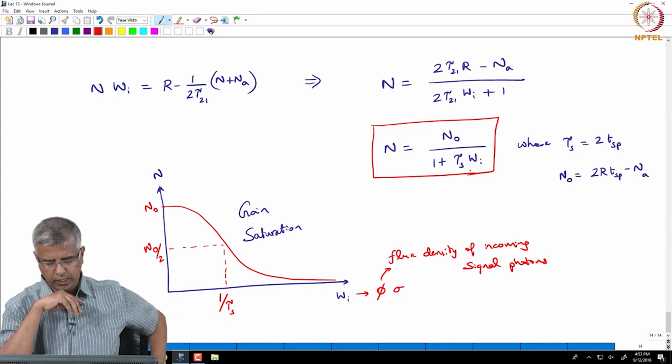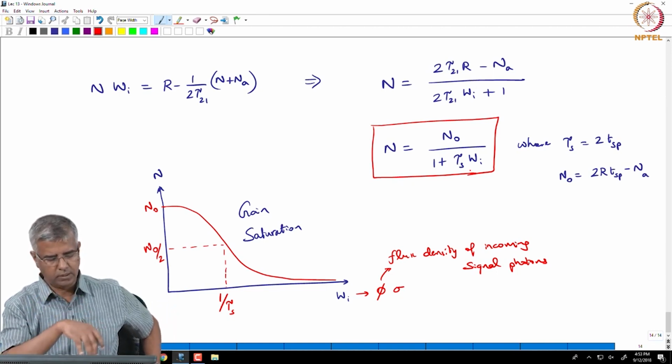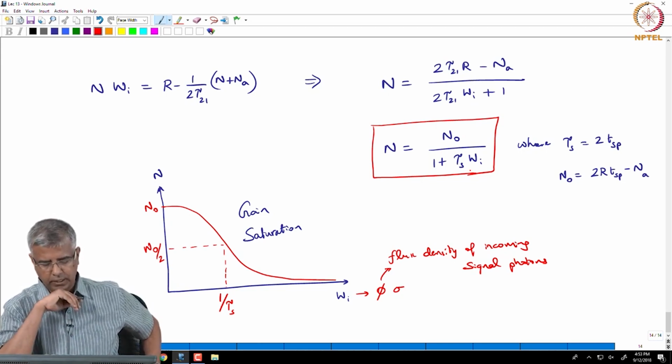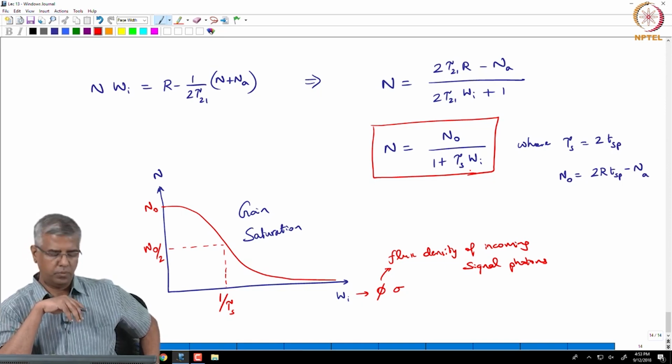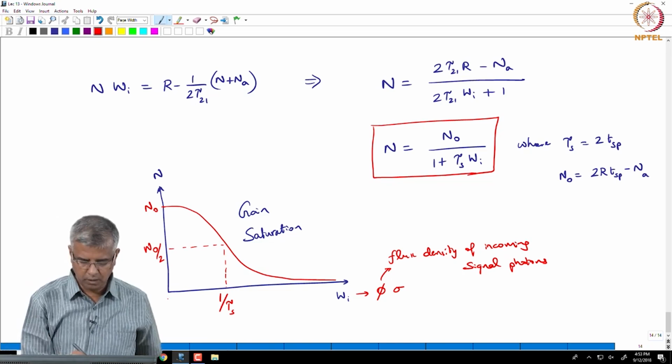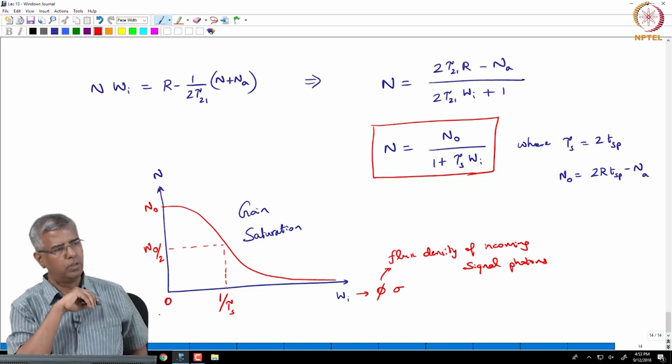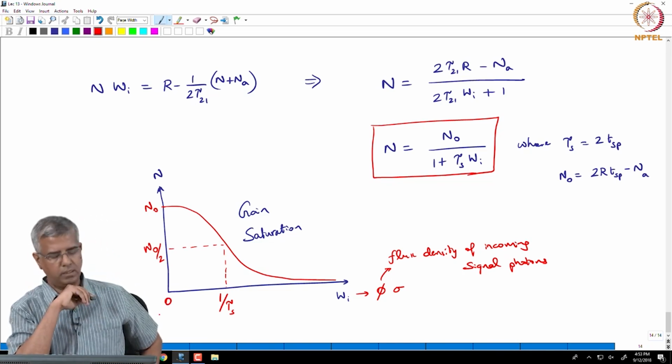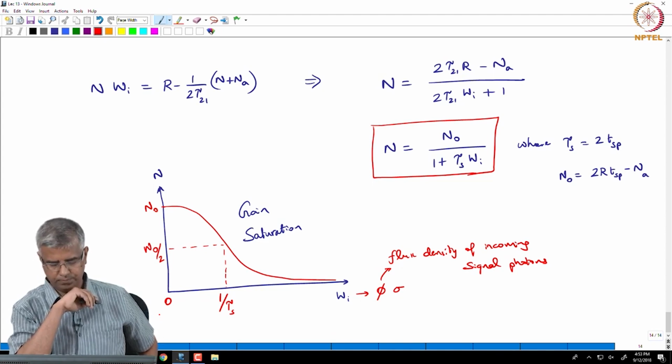Now, where we stopped is what this graph is showing us. Initially we have 0 signal photons coming in, so this flux density corresponds to 0.